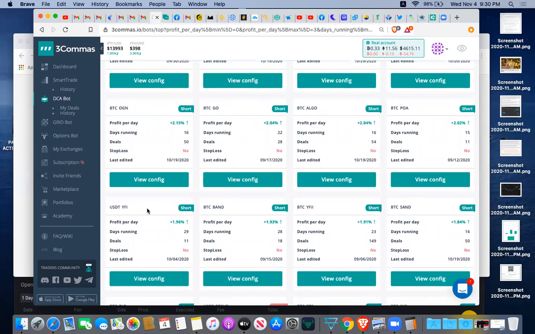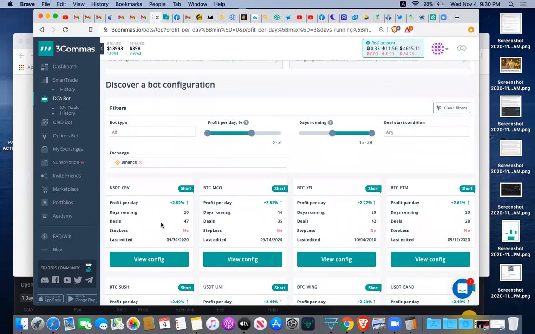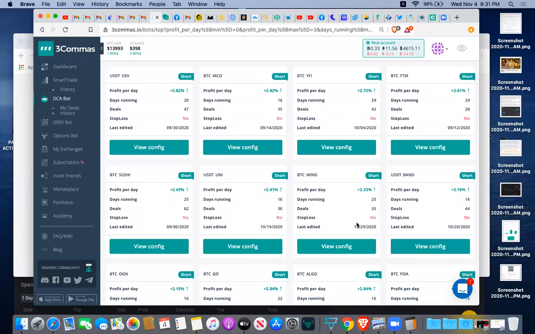That is USDT, whatever. But the point is this: what this thing is showing you is that this market, USDT CRV, has been in the market for about 20 days and has completed about 47 deals. Now, this one has done 16 days in the market and has completed 30 whatever deals. This has done this, and this has done this, on and on.